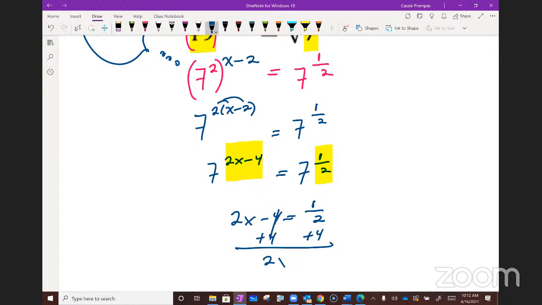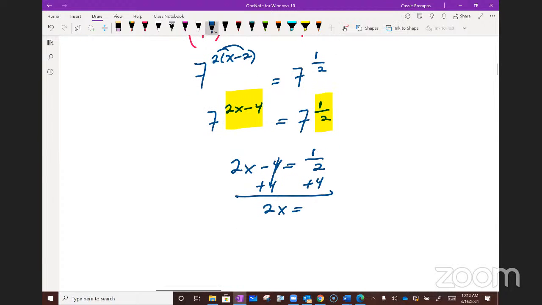And that gives me 2x is equal to, I'll just call it 4.5. And then we divide both sides by 2. And 4.5 divided by 2, I believe is 2.25. 2 1/4 works. Yeah. And that's our answer.